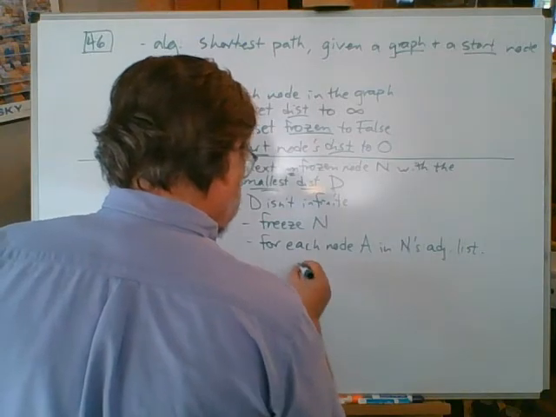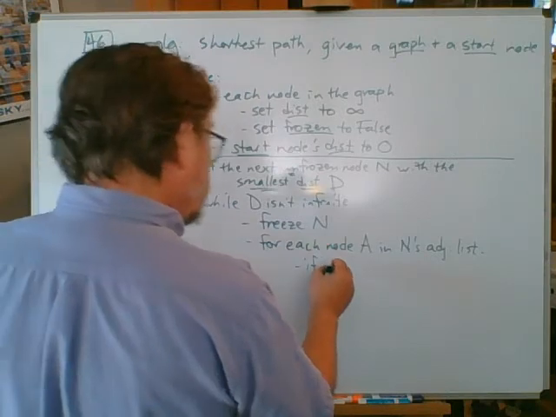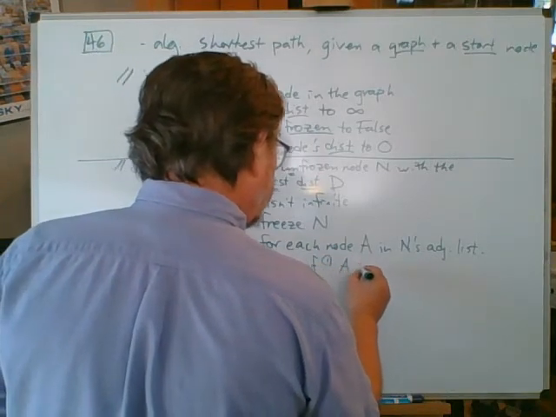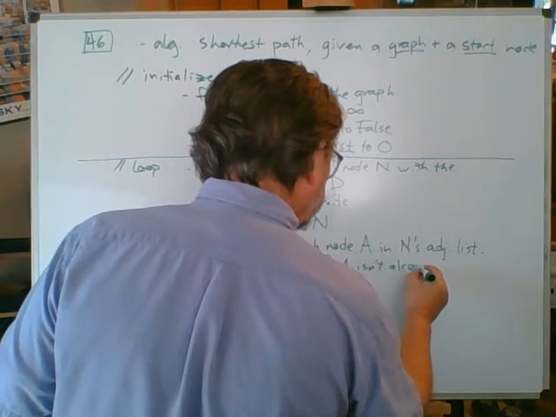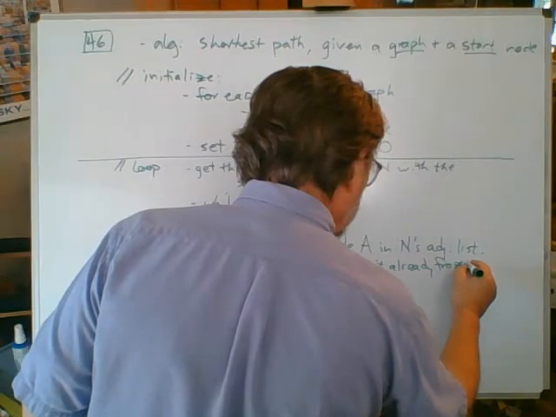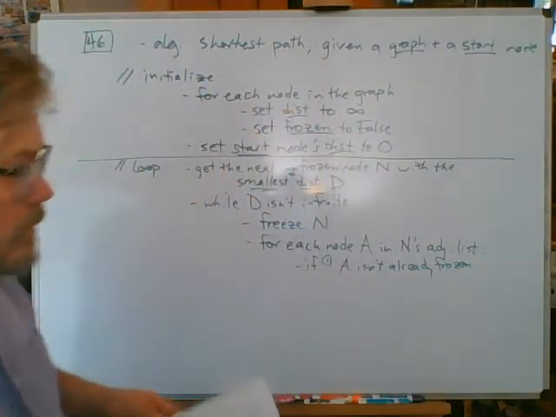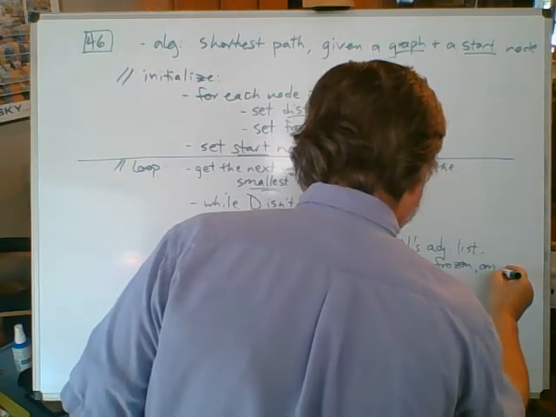For each node A in n's adjacency list, a couple of things. A test inside the for or the while, whatever it may be. If, a couple of things. Number 1, A isn't already frozen. In other words, there's still a possibility we could do better than what we've done already.